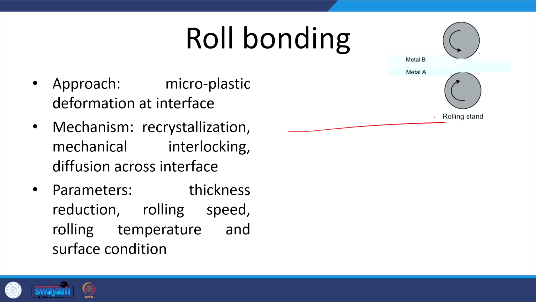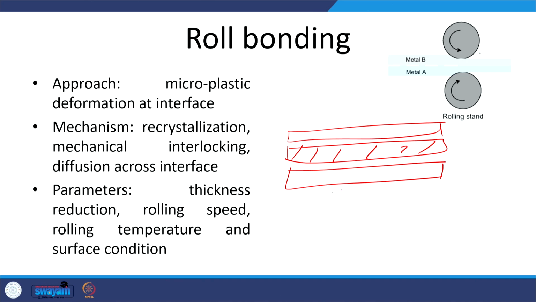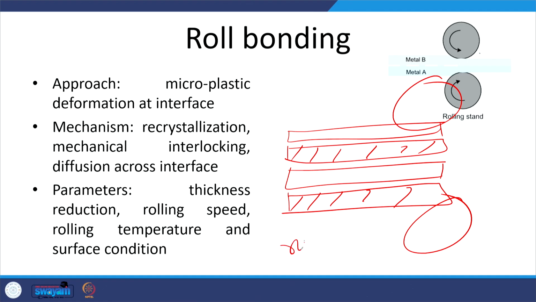So, one application is cladding, another one is where we want to develop a composite layer. So, we use layers of different materials like this is one layer, okay, then we use another layer, like this, another, then this layer, and then another layer. Okay. Now, the set of these 4 sheets will be passed through the rollers. So, these will be rolled.